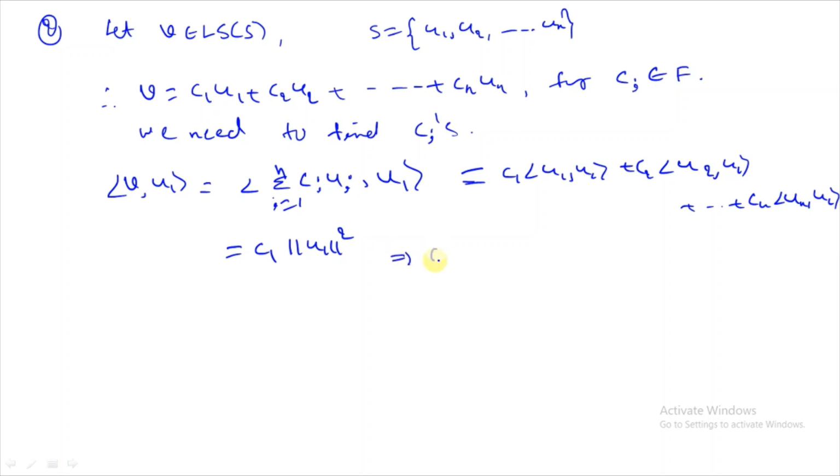That implies C1 is equal to the inner product of V comma U1 divided by norm U1 square.